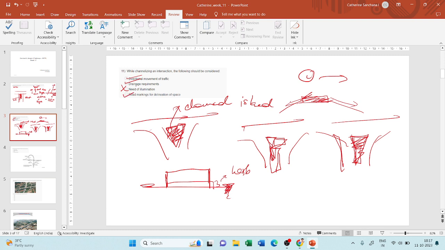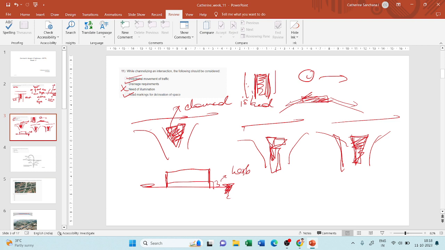Yes, obviously yes, because say you have an island here, okay, and it is kind of raised, right? Raised when compared to the other surface. So you have to provide road markings, okay, to delineate the road from the island.